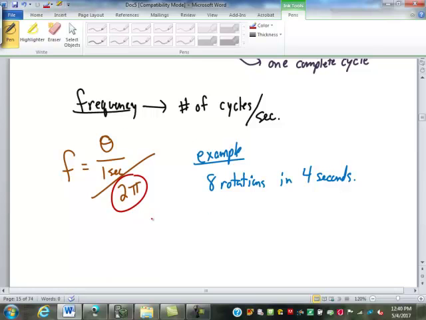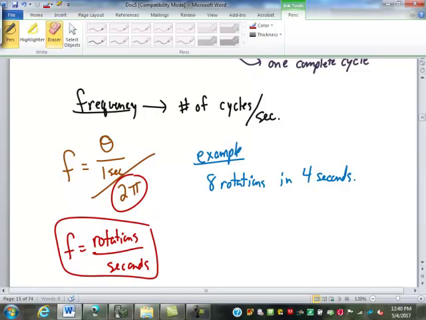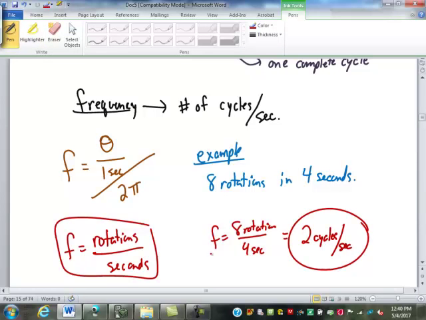So one example for frequency is the full rotations divided by the seconds. That's the second formula I'm going to use here. So for this example, we have 8 rotations in 4 seconds. That is 2 rotations or 2 cycles per second. That would be my frequency.